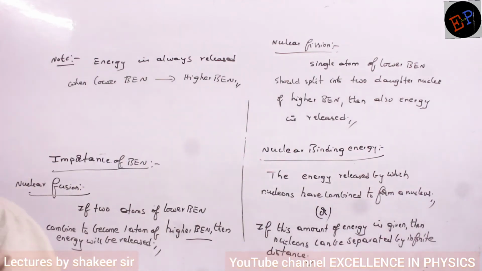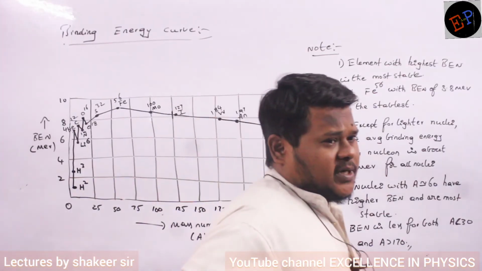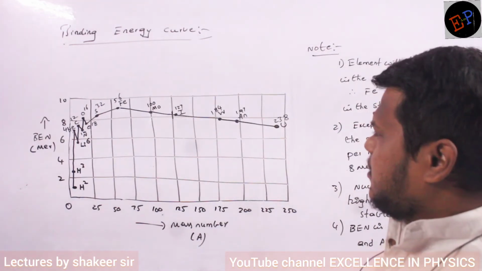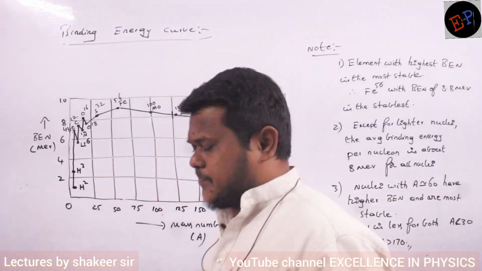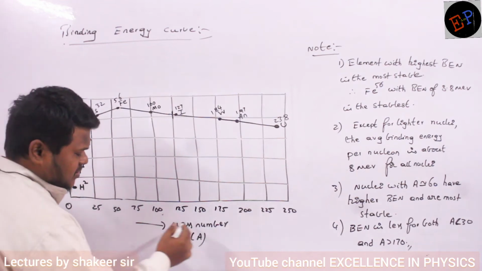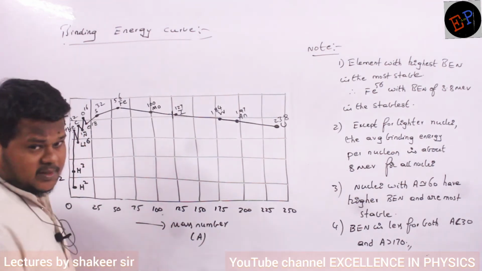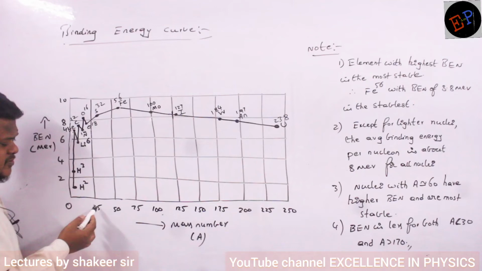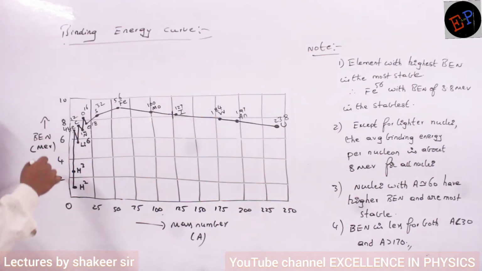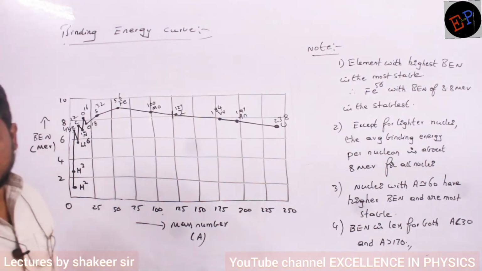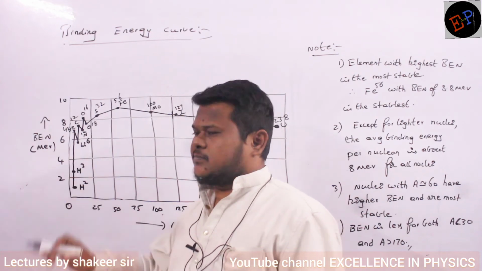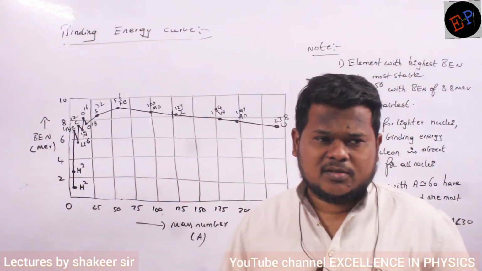Understood? So this is the binding energy curve. We have represented all the important elements here. Now see, on the x-axis we are taking atomic mass, or you can say mass number: 20, 50, 75, 100 like this. On the y-axis we are taking binding energy per nucleon, BEN, in million electron volts or mega electron volts.